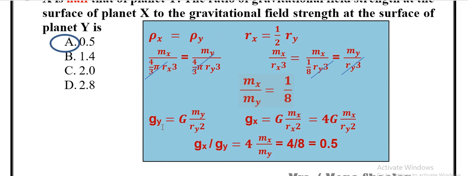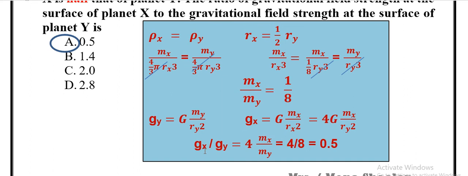Gravitational field strength formula: Gy equals G My over Ry squared, and Gx equals G Mx over Rx squared. We do the same as we have done here. We replace Rx with 1 over 2 Ry, but it is to the power of 2, and we put it in the denominator, so Gx will be equal to 4 G Mx over Ry squared.